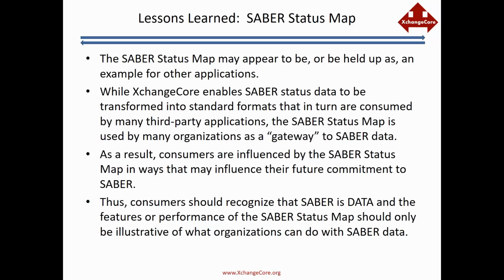The status map, though, sometimes is used as the gateway to the SABER data. I've had people call up and say, listen, I'm sitting here looking at the status map. It's got all these great icons on it. And then I go over here and my GIS department has a whole bunch of triangles. How do I get the good icons? Well, that was something that SpotOnResponse and SABER invested in.